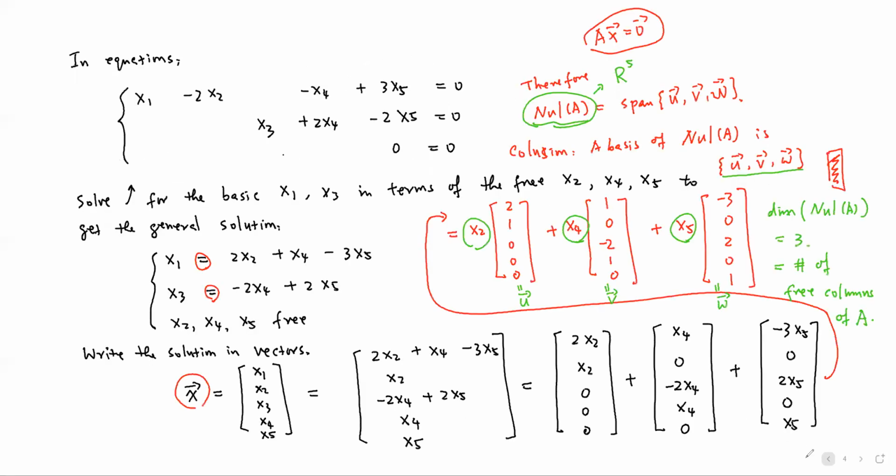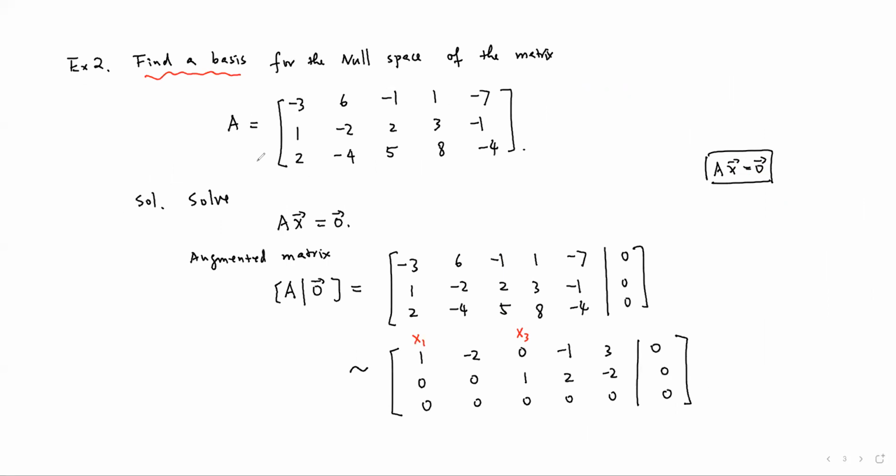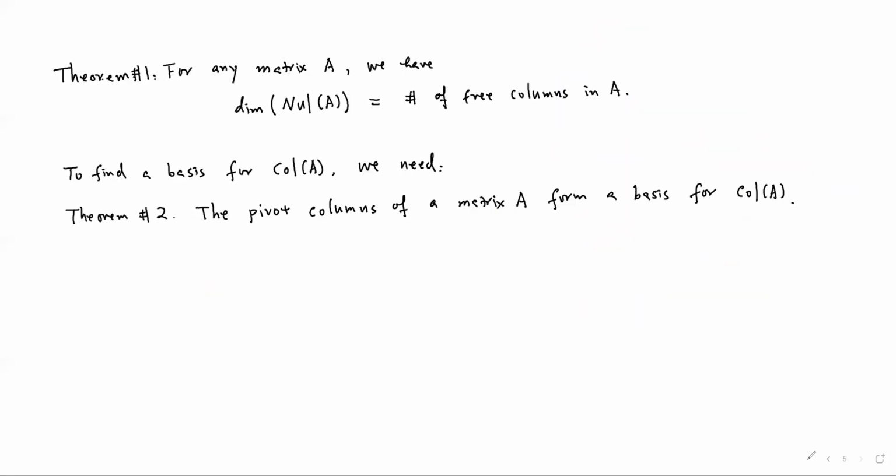Let me take this matrix as an example. Example number three. Example number three is about theorem number two. Let matrix A be the matrix in the previous example.